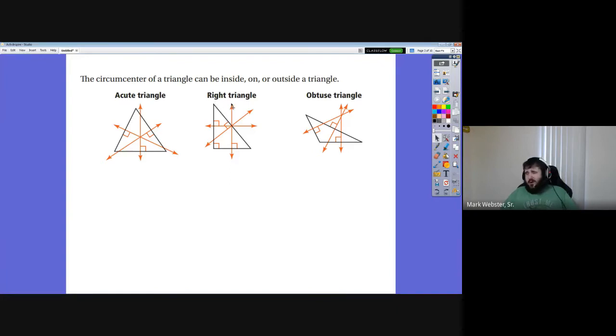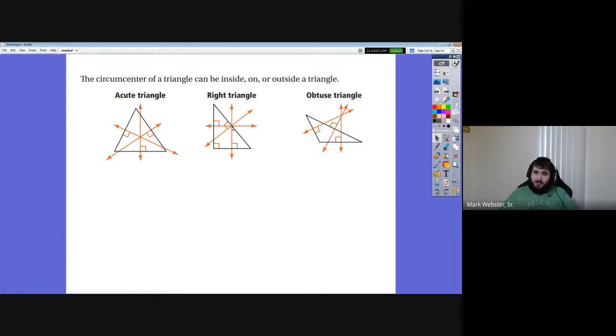If we have a right triangle, the circumcenter is going to be right there on the midpoint of the hypotenuse. So if you look at the right angle on the triangle, and then you follow it to the other side, find that hypotenuse. The middle of the hypotenuse is where the circumcenter has to be.